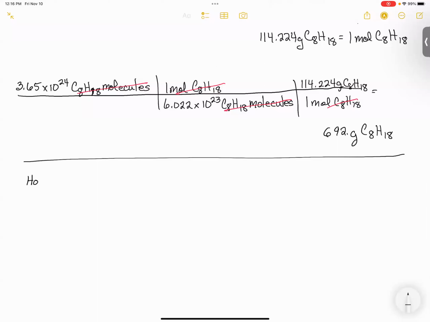How many atoms of gold can be found in 14.0 ounces of gold?